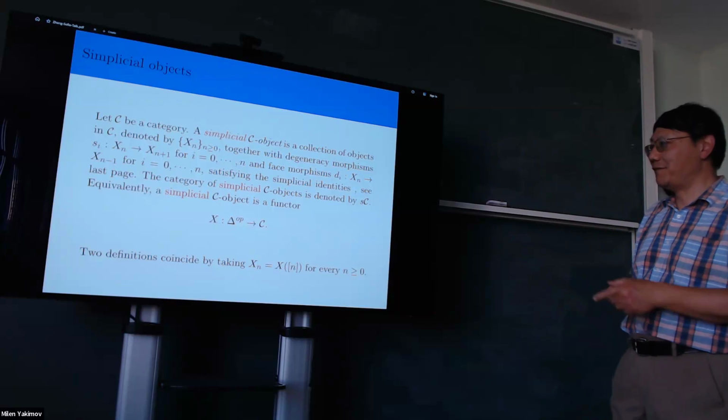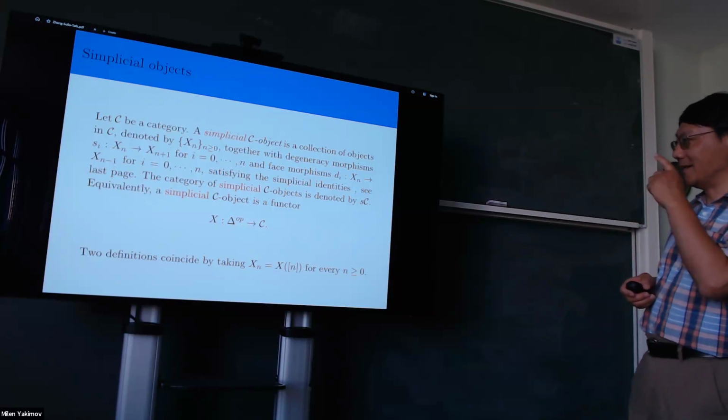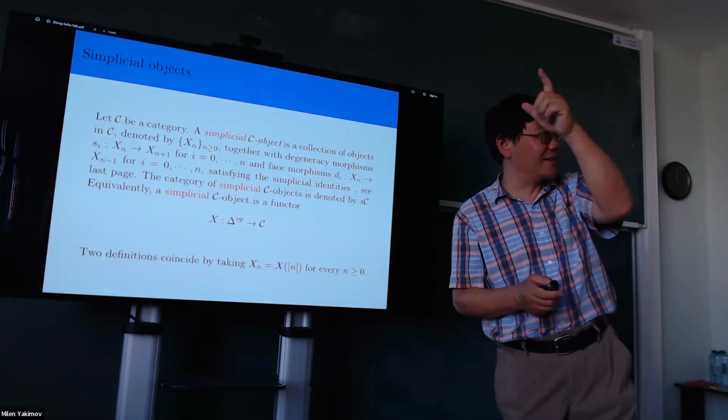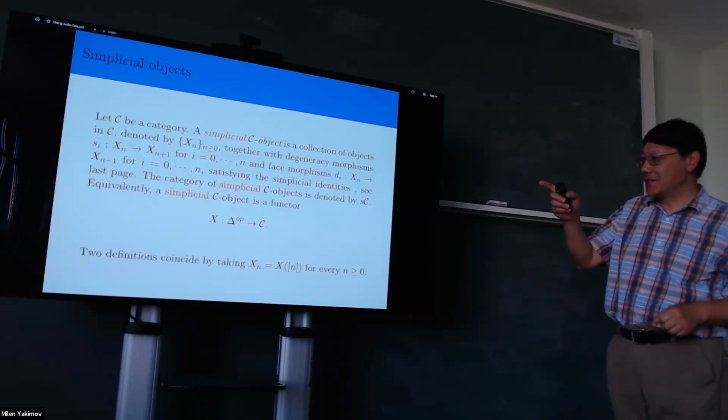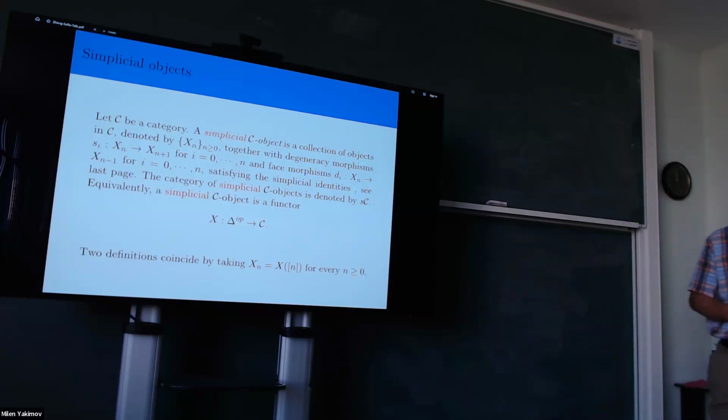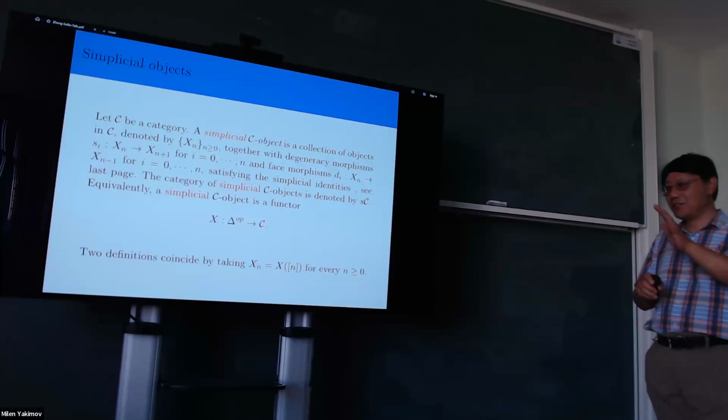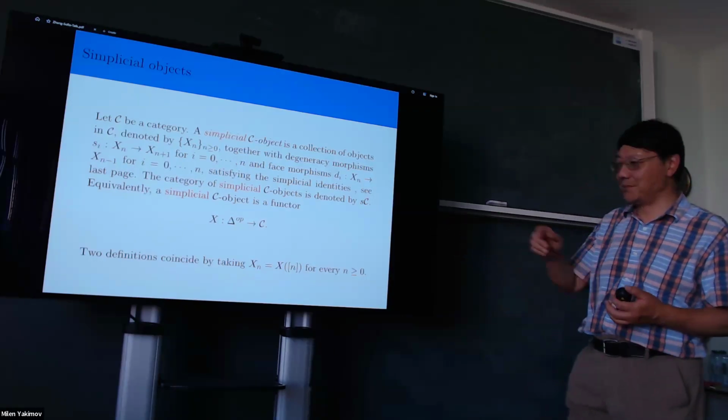Another way is as a functor from delta opposite to C. The two definitions are the same, just taking Xn to be that.